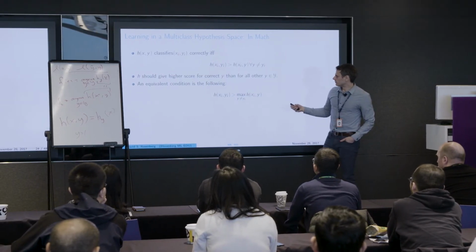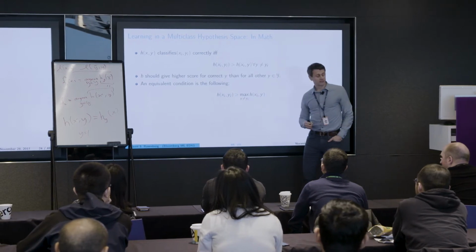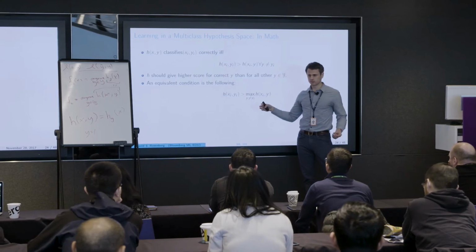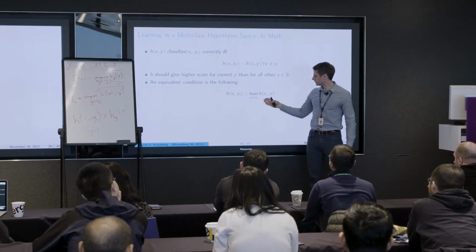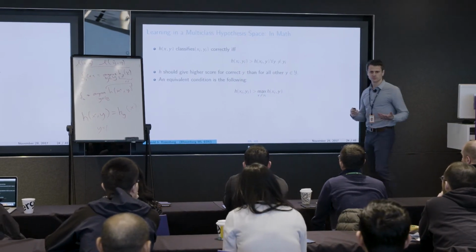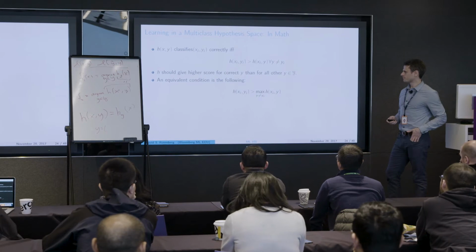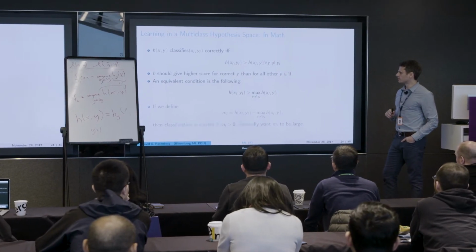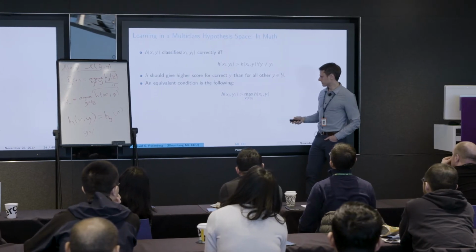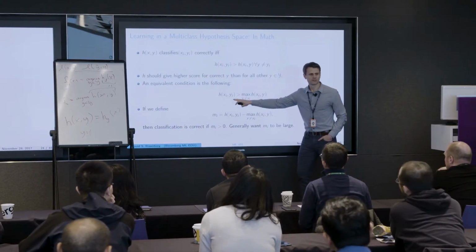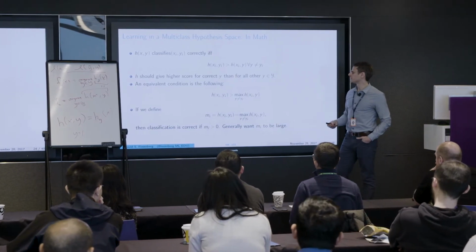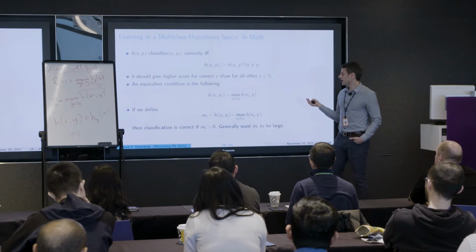Equivalently, we could put a max there. We want the compatibility score on the correct label to be higher than the maximum score of the incorrect labels. That seems a reasonable characterization. And so what you could do is define the difference between these two things, and you might call it MI: the difference between the score of the correct label and the highest score of the incorrect labels.